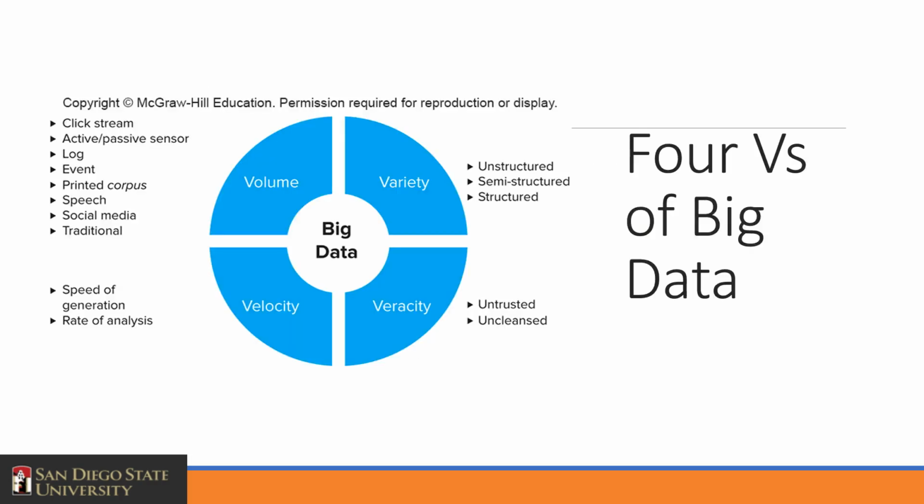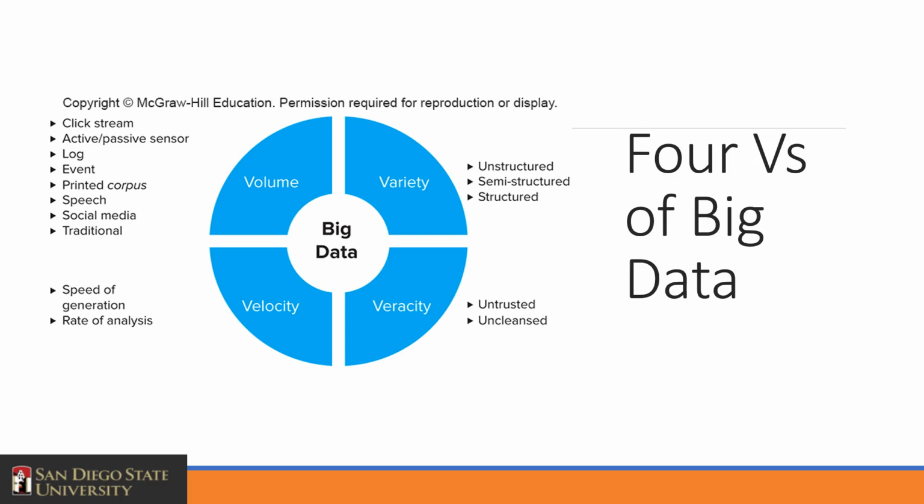Usually, formally, we like to describe big data using these 4 V's. As you can see from the slides, the 4 V's are volume, variety, velocity, and veracity. So what do they mean? They just describe what big data characteristics are.